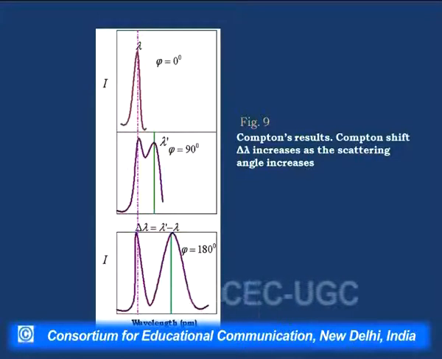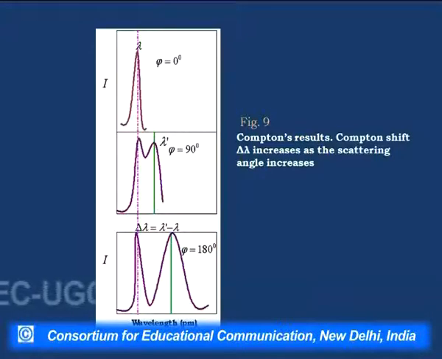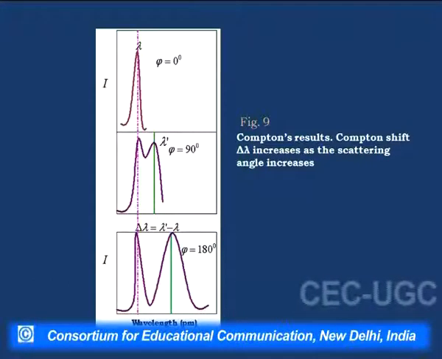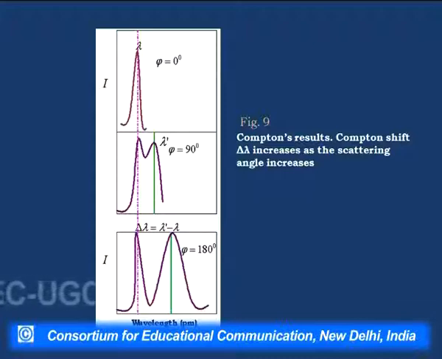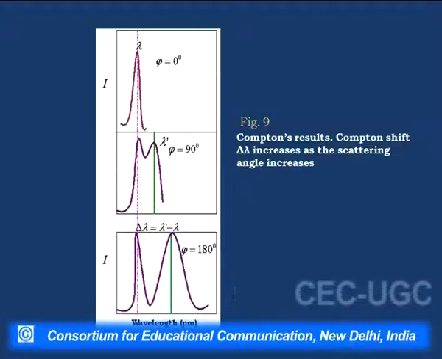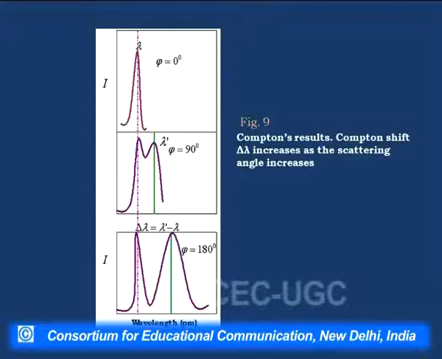One is at the original wavelength and the other at the scattered wavelength, and this wavelength lambda dash is more than the incident one. Now, if we increase the angle, say to 180, we can see the wavelength of the scattered radiation is now larger. So, the wavelength is increasing, and again we have two peaks. So, the problem is how to explain this change in wavelength, the lambda dash peak.